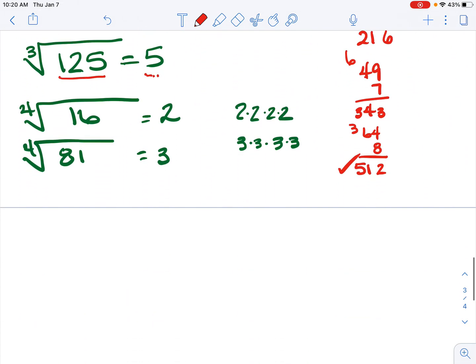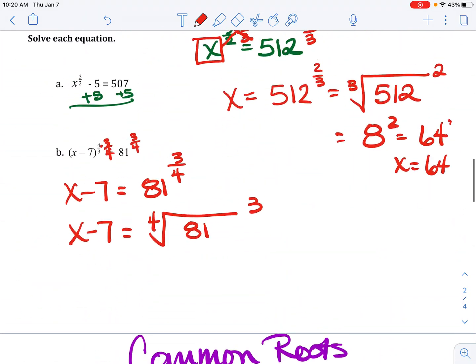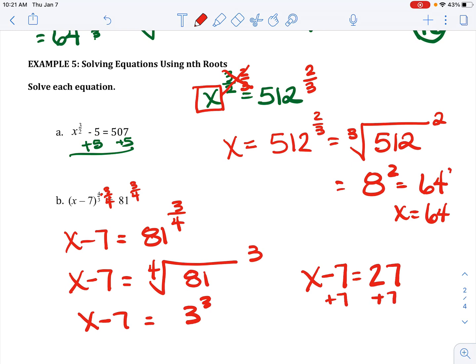Well, the 4th root of 81 is 3. So we have x minus 7 is equal to 3 cubed. And I know that 3 cubed is equal to 27. So x minus 7 is equal to 27, and the opposite of minus 7 is plus 7. So x is equal to 34.